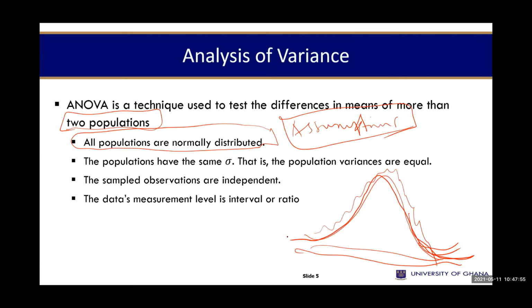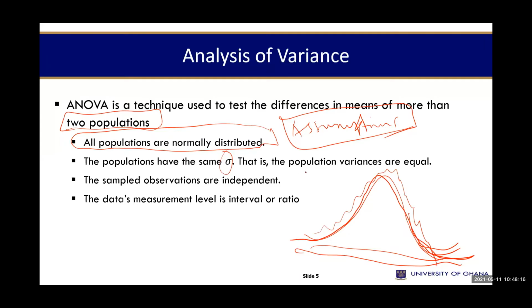So normally distributed. Then the populations have the same standard deviation. That is, we are looking at the variance of the populations being equal. We'll be looking at that in detail. Then the sample observations are independent of each other.